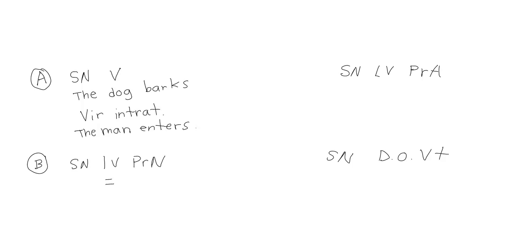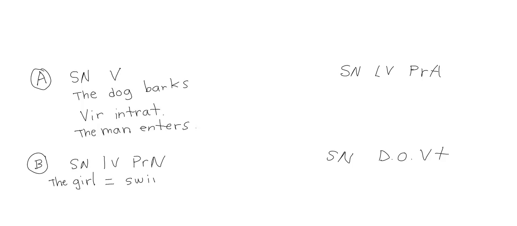So for example, let's see. I'm going to think of something. Oh yes, okay. The girl equals, and what can a girl equal? The girl equals a swimmer.